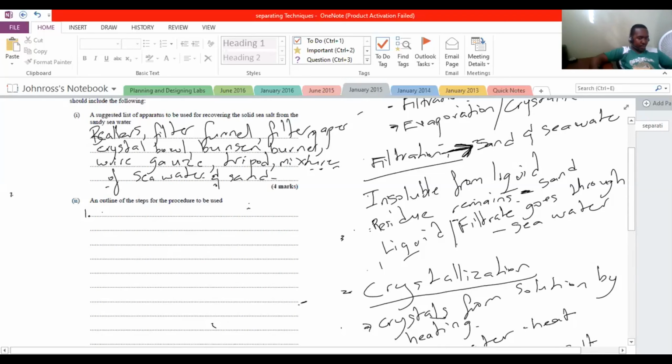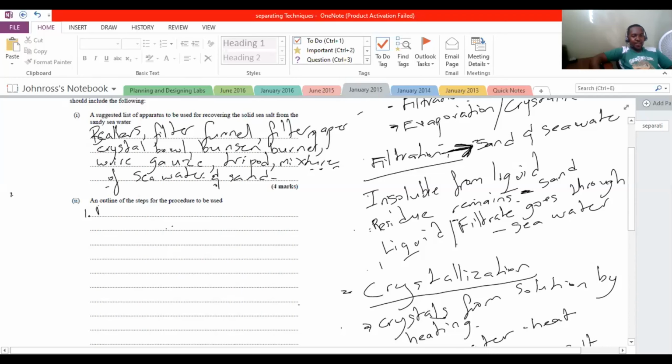So you have to give the steps in terms of how we do filtration. Place a filter funnel into a beaker, with filter paper inside the filter funnel.